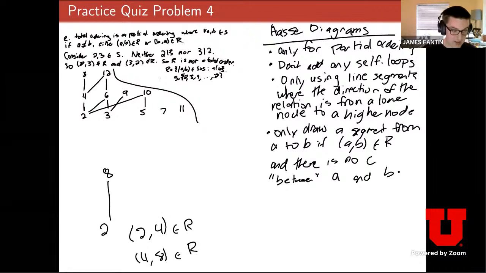So 4 is between 2 and 8 here, so we don't draw the line from 2 to 8. The reason this works is because it's transitive. We only draw Hasse diagrams for orderings, so we know transitivity applies. If we have an arrow from 2 to 4 and from 4 to 8, we know that 2 is also related to 8. So these are the rules for drawing Hasse diagrams.